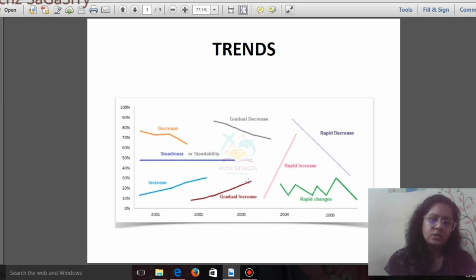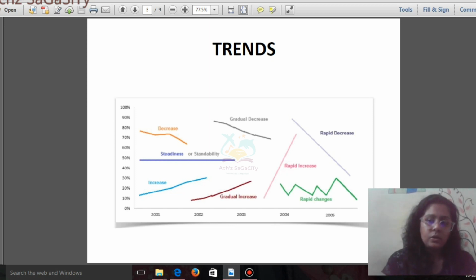Whether it is a rapid increase, that means a sudden decrease or a sudden increase, it goes up suddenly. And also you want to check for fluctuations. That means whether it shows a hilly-like structure, that means it fluctuates, you want to write like that. You can use different words also: oscillate, vacillate, or palpitate, like that.